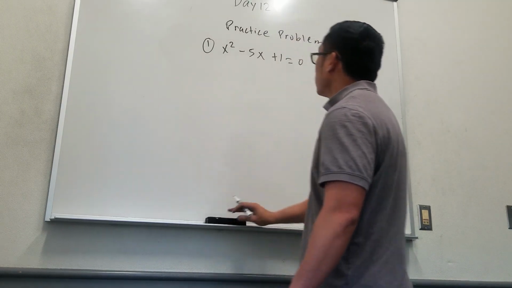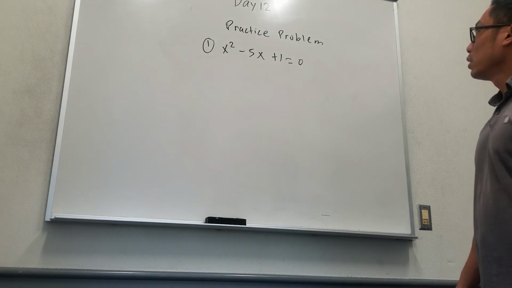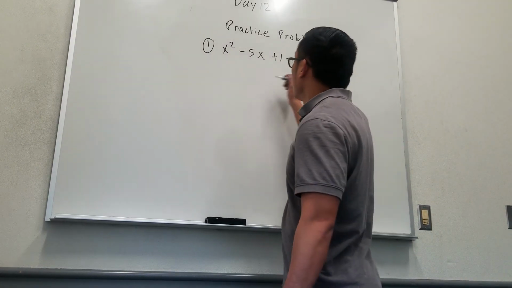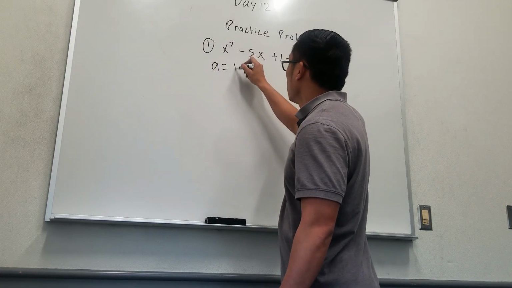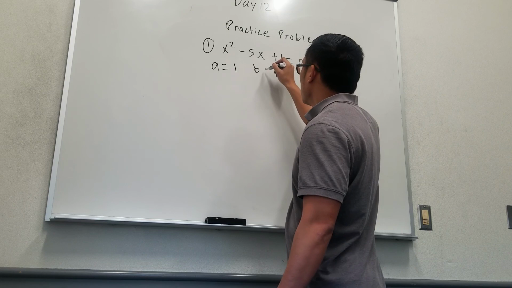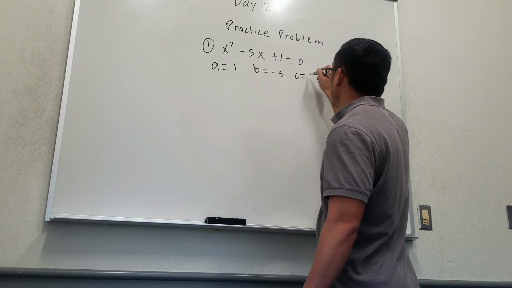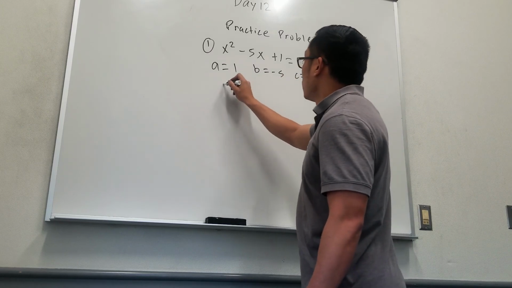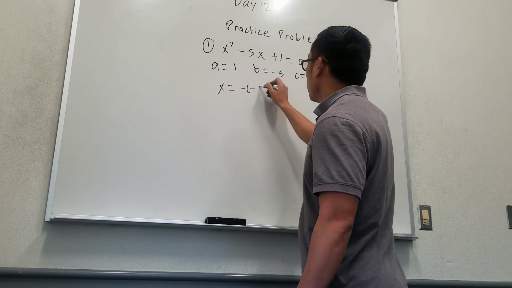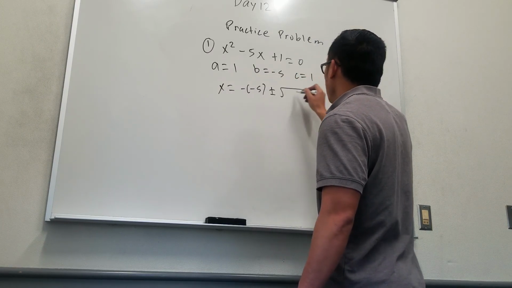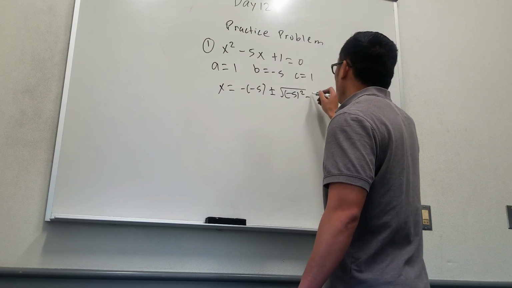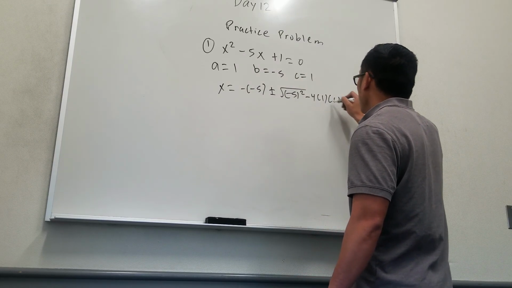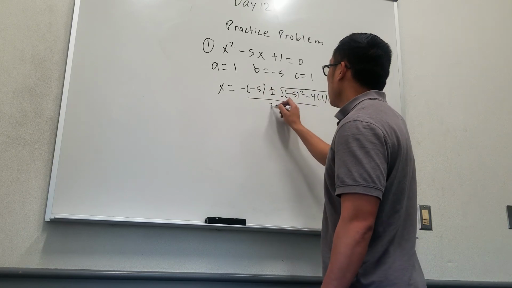Alright, so let's try the first one. Okay, so you have a is equal to 1, b is equal to negative 5, c is equal to 1. Alright, so try this out if you have it. So x is equal to negative b plus or minus square root of b squared minus 4 times a times c, all over 2 times a.